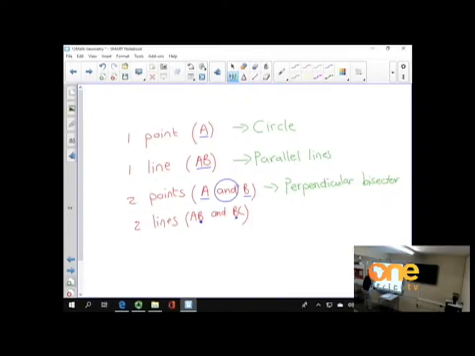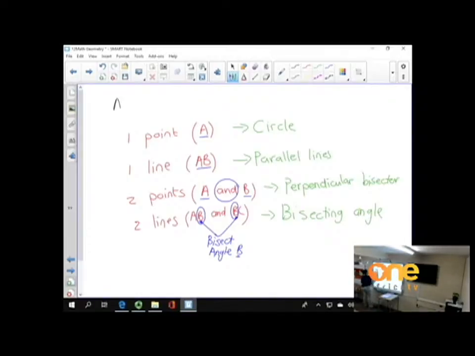So what this means is you will need to bisect angle B, because the B is there in both of them. And what you will do now is this will be a bisecting angle.